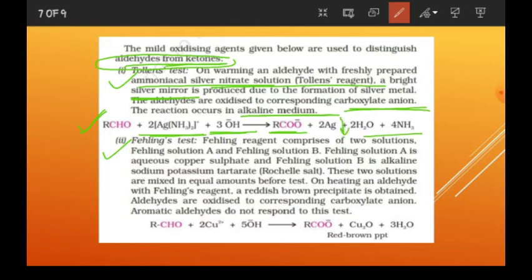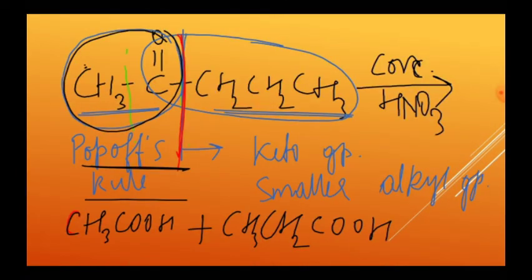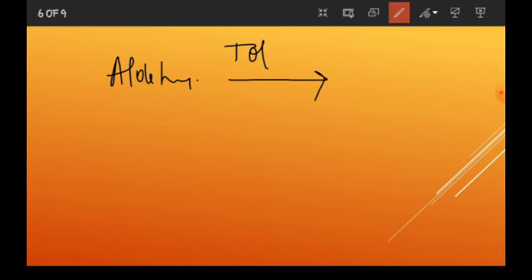You don't need to remember the reaction. What you can generally write is this: suppose there is a question in which you have to distinguish between aldehyde and ketone. You can simply write that the aldehyde, whatever aldehyde is given to you, gives Tollens' test and forms a silver mirror.